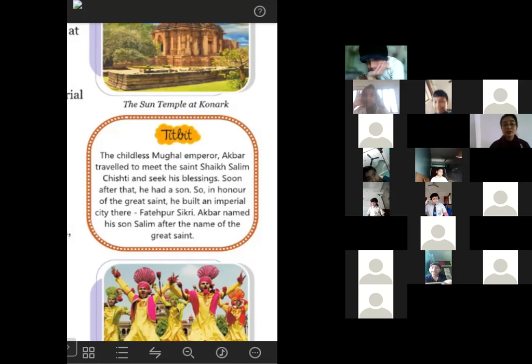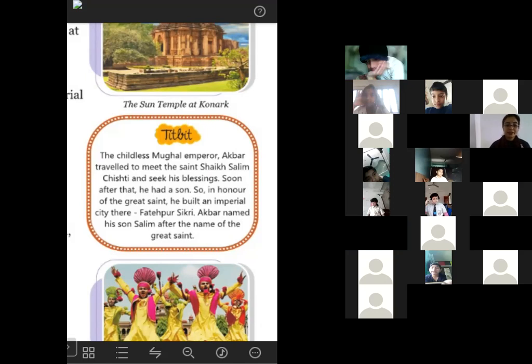So, the childless Mughal Emperor Akbar, he didn't have any child, he traveled to meet a saint. The name of that saint was Saint Sheikh Salim Chishti. And after he went to seek his blessings, Akbar had a son. And this is why he named his son after that great saint, Salim.